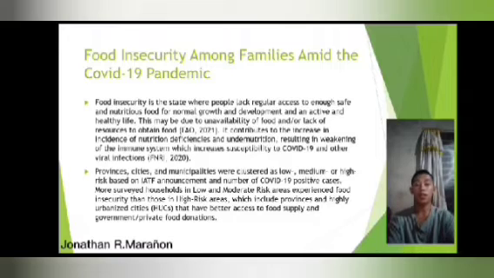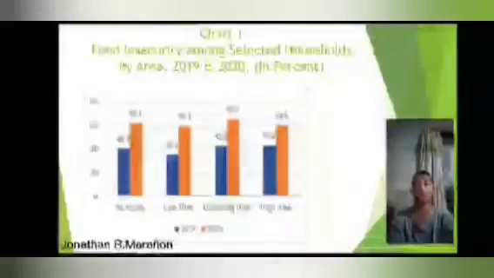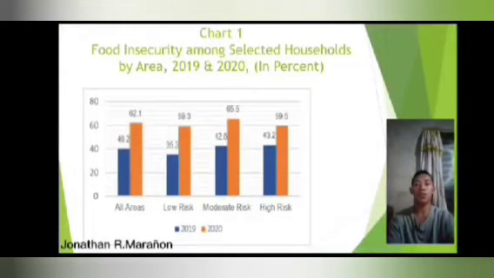More surveyed households in low and moderate risk areas experience food insecurity than those in high risk areas, which include provinces and highly urbanized cities that have better access to food supply and government or private food donations. So, as you can see in chart 1, food insecurity among selected households by area, 2019 and 2020, in percent.